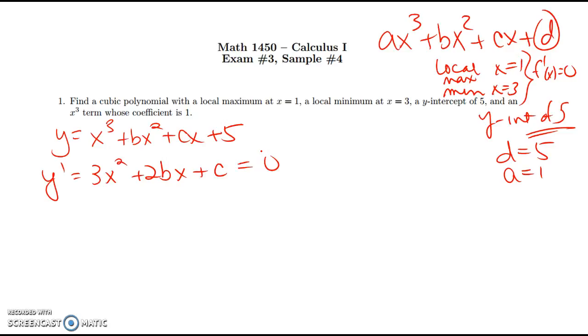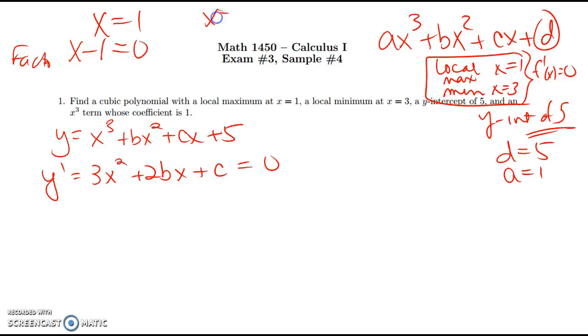Well, they've told me if I was going to set this equal to 0 and factor and solve, I would get x equals 1 and x equals 3. Well, if x equals 1, if I had found the factor that gave me that, this would have been the factor, right? If I had x equals 3, x minus 3 would have been the factor.